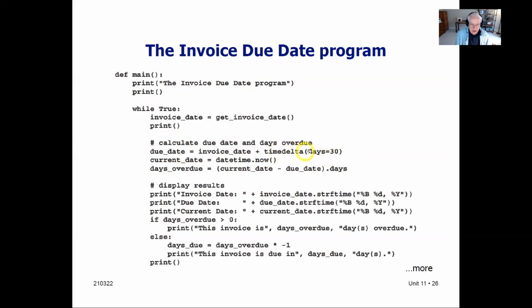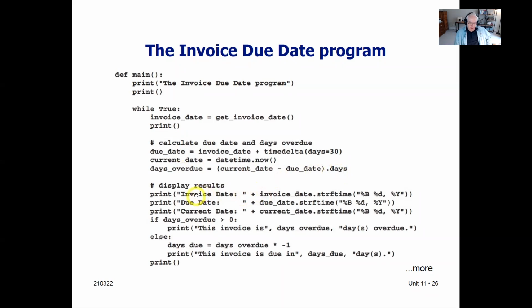That's how we added 30 days to the invoice date object, which we created right here. And then the current date is just going to be the now method in the datetime class. And then the days overdue is going to be the current date object we just created minus the due date we created up here. And we want to pull off the attribute for days, just the days, okay?